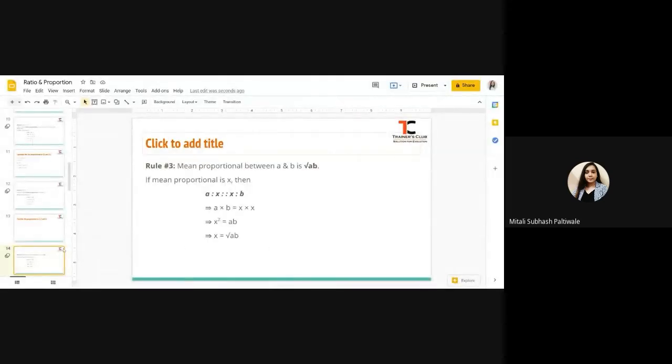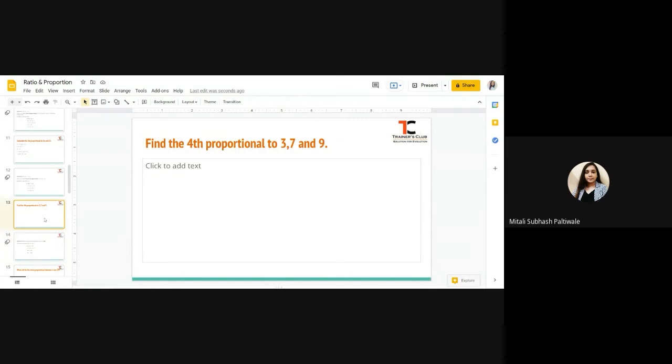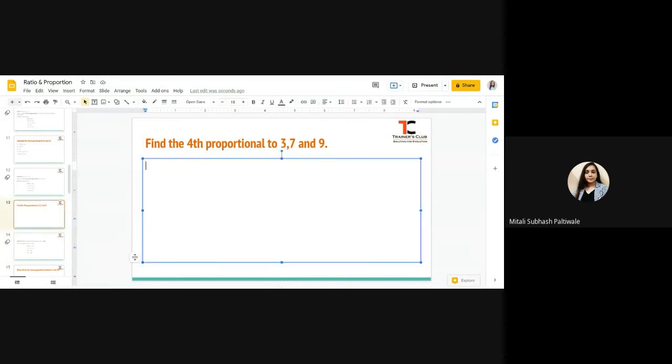Here it is. We are at this place. And D is equal to BC by A, which is now equal to BC here, 7 into 9 by 6. 7 nines are 63, divided by 6.